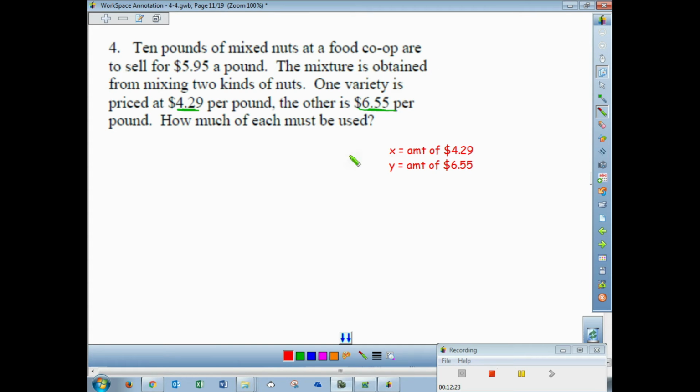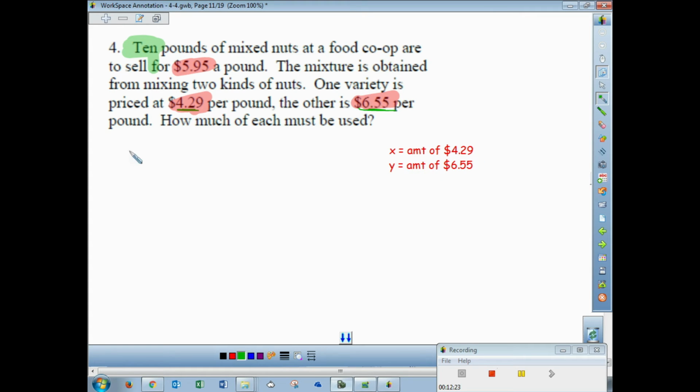Like, it visually looks like they only gave you like 3 numbers in here. Like these two, which we've used, and this, which is the mixture money, and it's hard to find that fourth number of like what they all should add up to be, because they put it in words instead of in numbers. 10 pounds of these mixed nuts.